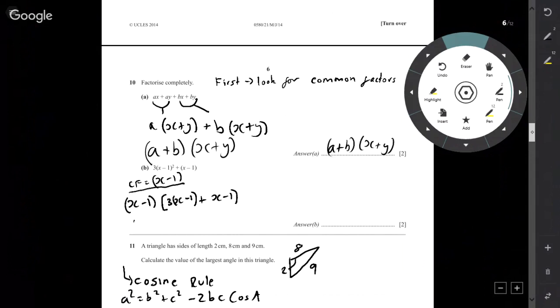So that becomes x minus 1. And then this bracket will become 3x minus 3 plus x minus 1. That then becomes x minus 1. And then we simplify this as, so 3x plus x.